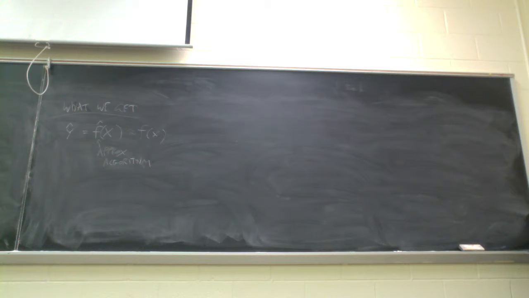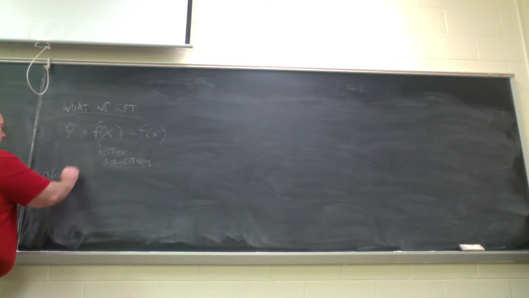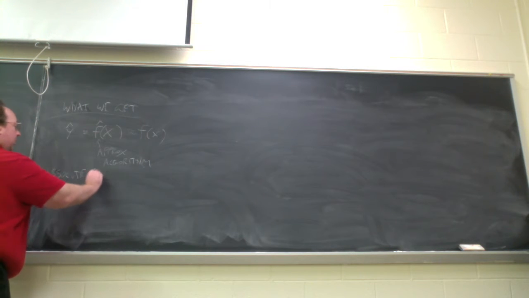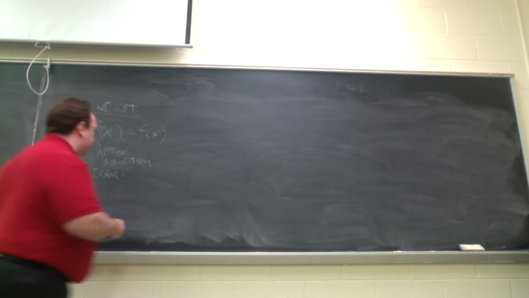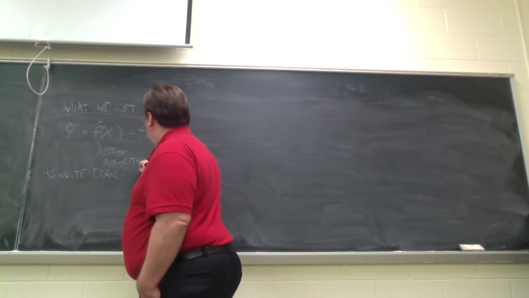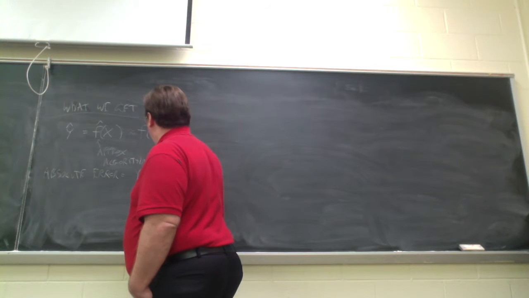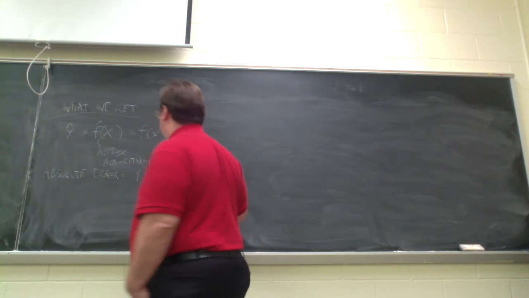Now, I'm going to use this notation to introduce certain terms of importance in error analysis. So we have absolute error, which is nothing more than the difference between your exact solution and your approximate solution.